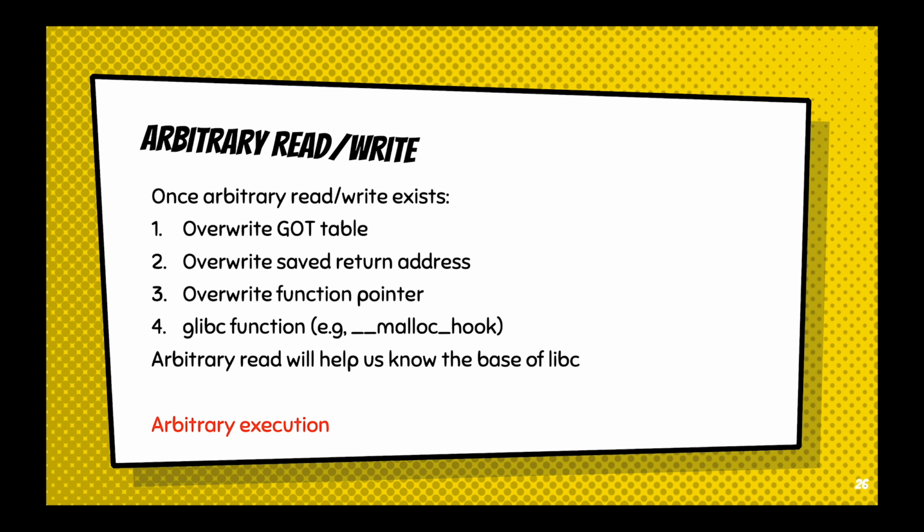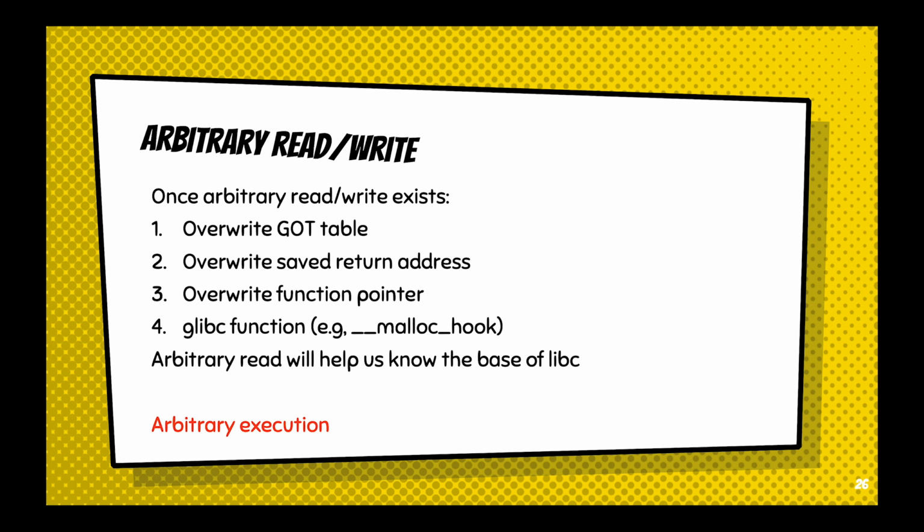Once attackers have this capability, the attacker can use different ways to achieve arbitrary execution. For example, the attacker can overwrite the global offset table so that the next time any function in the global offset table is called, it will actually redirect to a malicious function or a malicious flow that contains the command that the attacker inserted. The attacker can also use arbitrary read or write to overwrite the saved return address on stack.